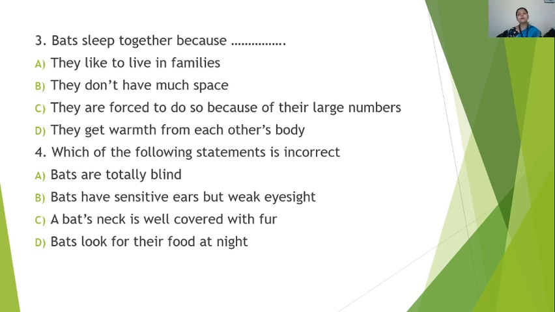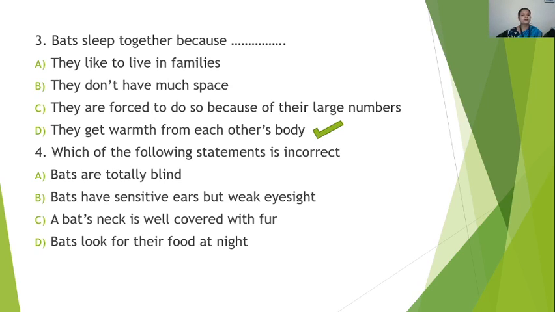Maybe they have given a better option. Okay. So the third is, they are forced to do so because of their large numbers. And the next option is, they get warmth from each other's body. So which one is right? D. Bats sleep together because they get warmth from each other's body. Have you ticked in your book?